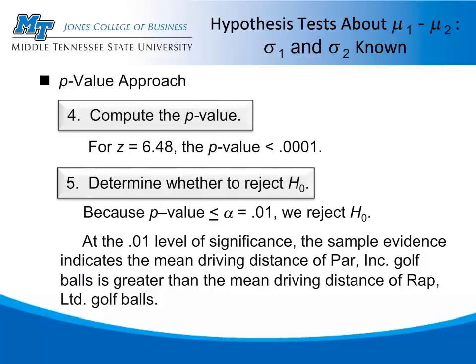Now when you go to the z-table, 6.48 is not there. It's way outside of the values that are in the z-table. The largest value that you have in the z-table is 4.09. The probability for 4.09 is 0.9999978.